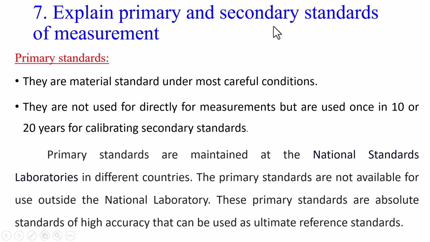Seventh question: explain primary and secondary standards of measurement. Primary standards are material standards maintained under the most careful conditions. They are not used directly for measurements but are used once in 10 or 20 years for calibrating secondary standards.